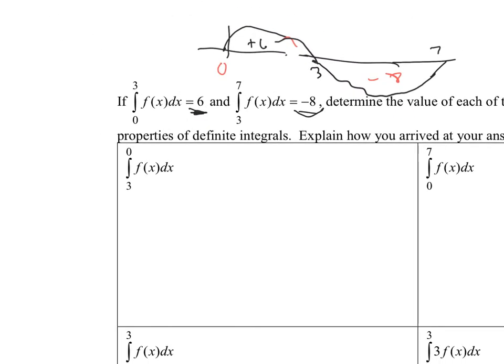So if I know from 0 to 3 was 6, then 3 to 0 is the opposite direction, so it would have to be the opposite of 6.